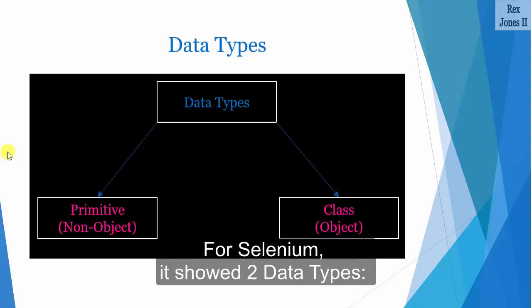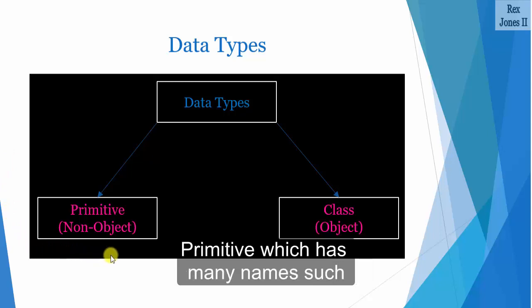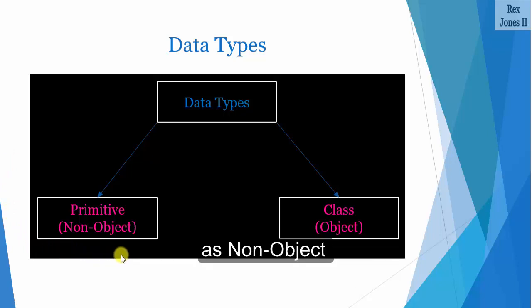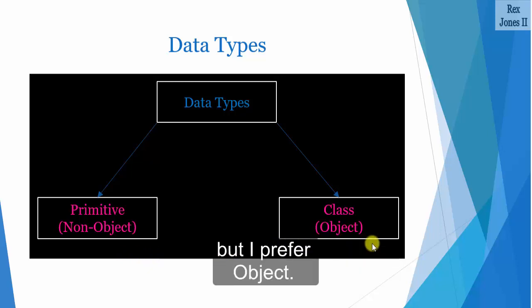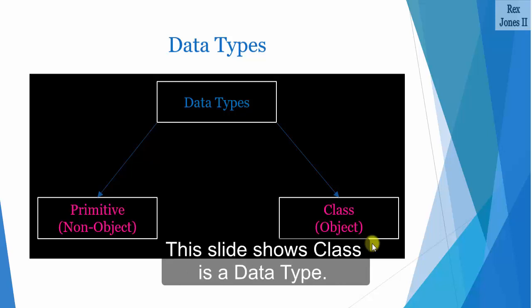It showed two data types: primitive, which has many names such as non-object, and class, which also has many names, but I prefer object. This slide shows class is a data type.